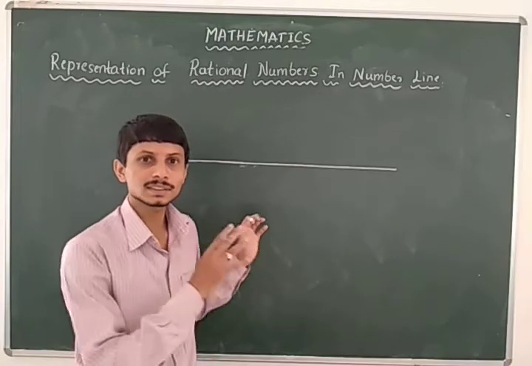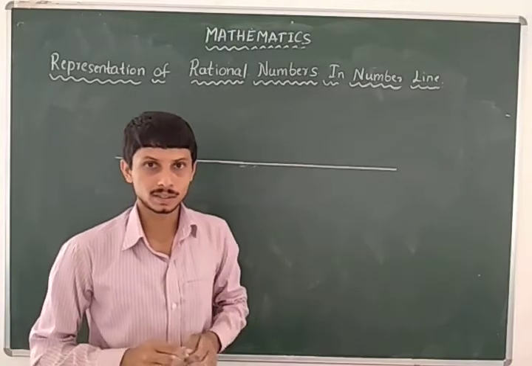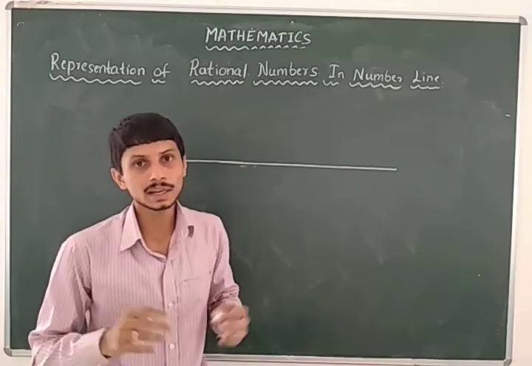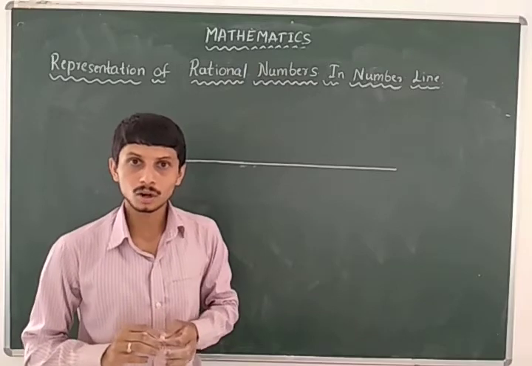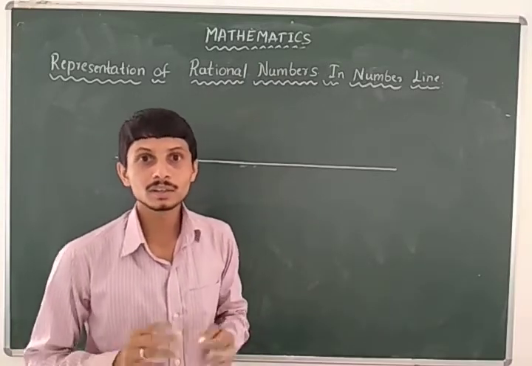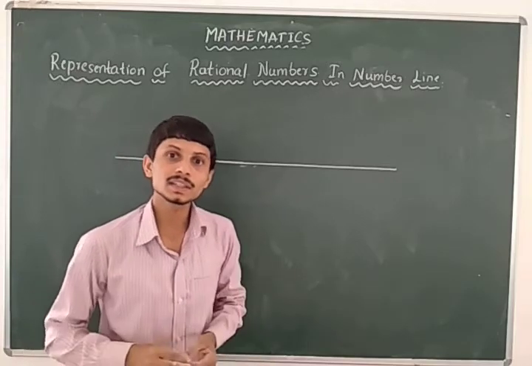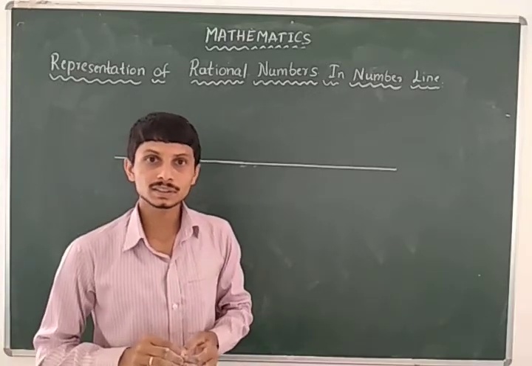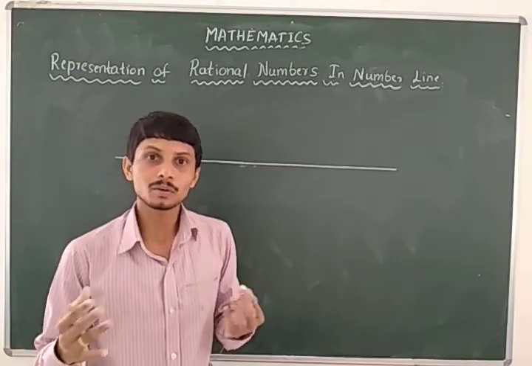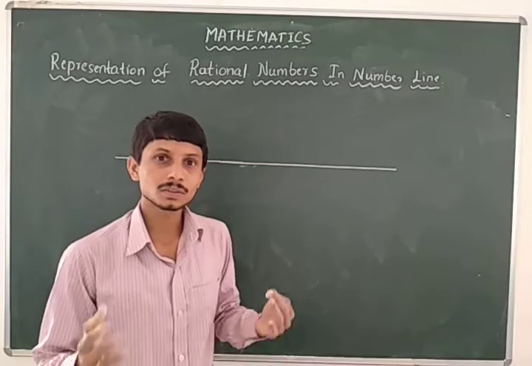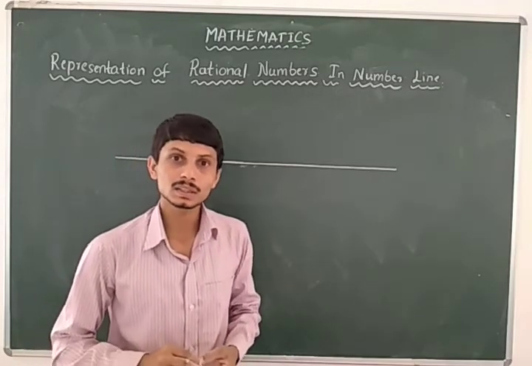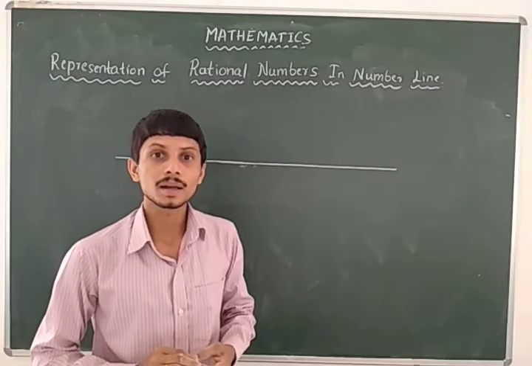Firstly we divide it into two parts and see what rational numbers we can represent in the number line. Further we divide into three parts, then 8 parts and 9 parts, and after that we represent some of the rational numbers in the number line.